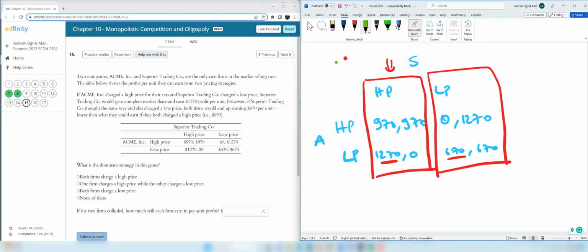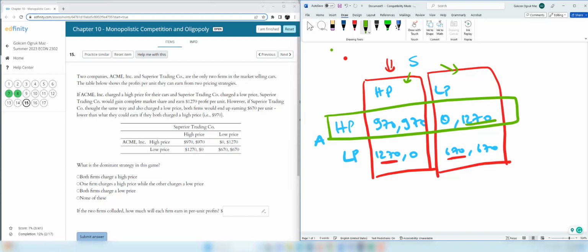Now the next step is we are going to play the game for Superior. Acme has two options. Acme can play high price, so we could be at this row. If Acme plays this row, we need to find which strategy is best for Superior. We compare 970 and 1270. This one is better. So Superior is going to choose low price.